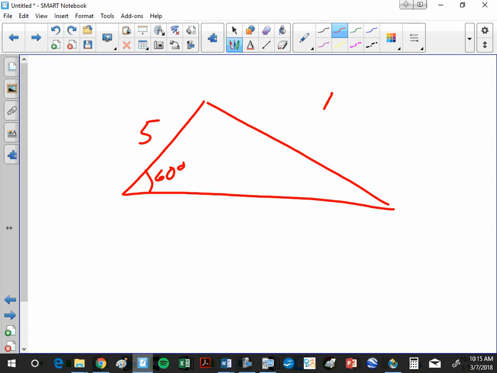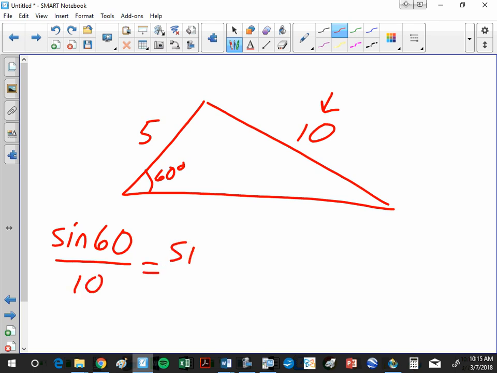What could I put over here to guarantee that it has one triangle? 10, anything bigger than 5. So 10. So I would say the sine of 60 divided by 10 is equal to sine of whatever this is, b, over 5.